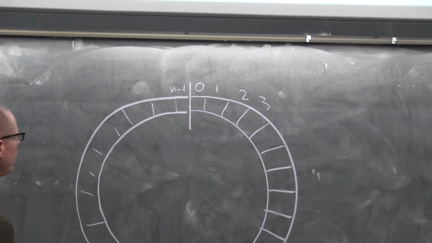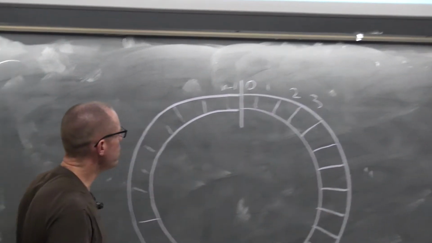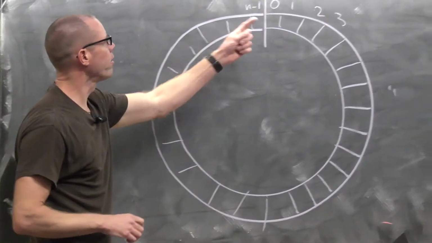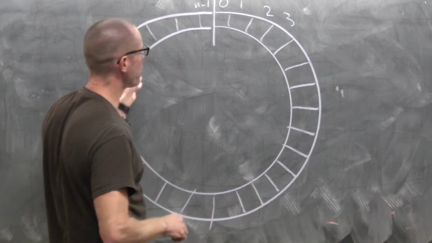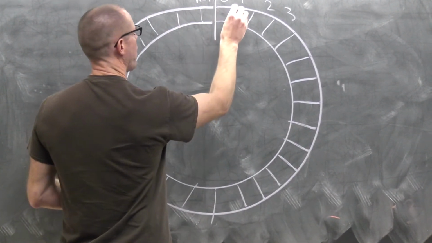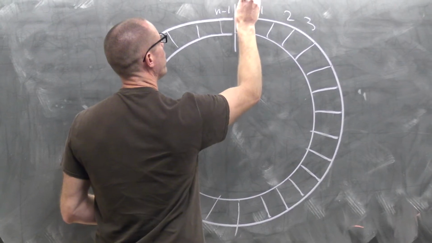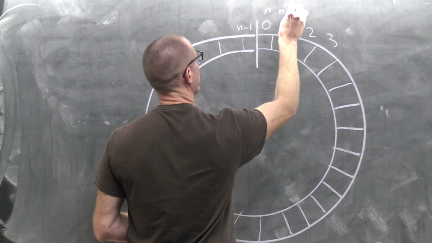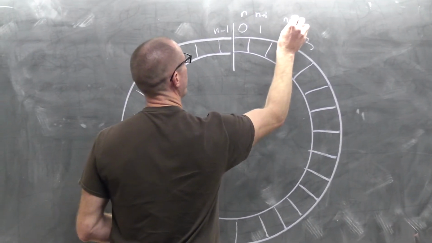And we can actually do more than that. I'll keep walking around this thing. So I count up to n minus 1 and keep walking around. And this position here, not only is it called 0, I'll also call it n. And this one, I'll call n plus 1. And this one, n plus 2.